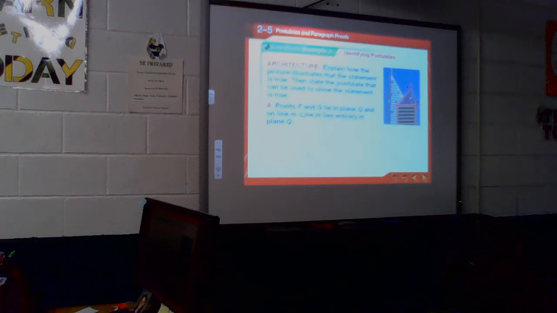I know this one's kind of hard to see. But F and G would be right here and right here. Okay? So plane Q to me is this side of the building. Kind of the shadowed side of that building. So points F and G lie in Q and on line M. See my little M up here? So this is line M.